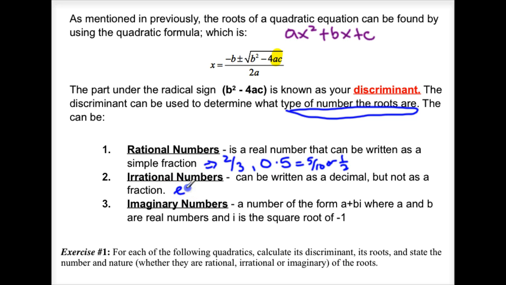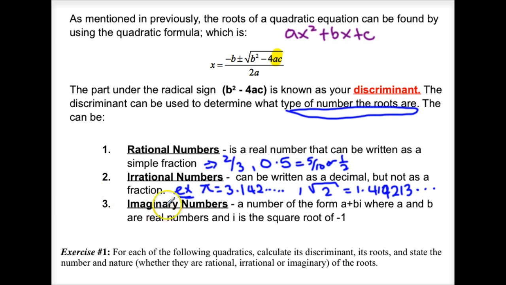An example of this is pi. We know pi is 3.142 and so on. Another example is the square root of 2, or any number that's not a perfect square. The square root of 2, if you check it on a calculator, is 1.414213, and it keeps going on and on.